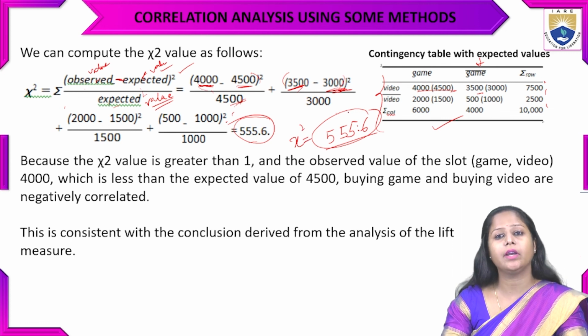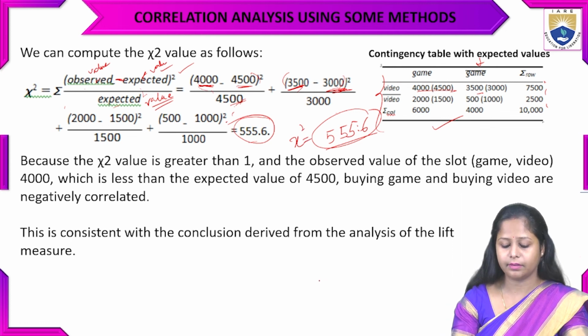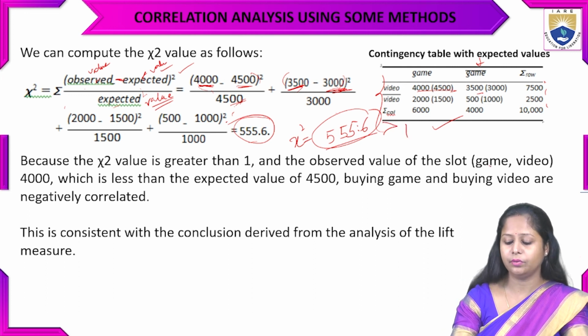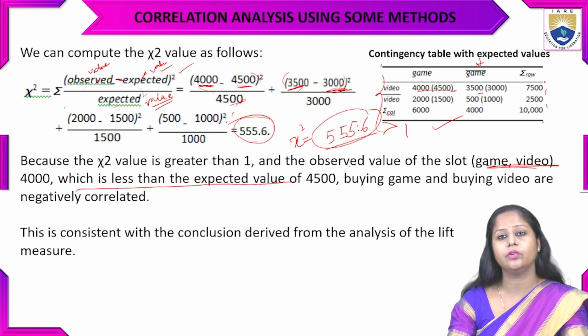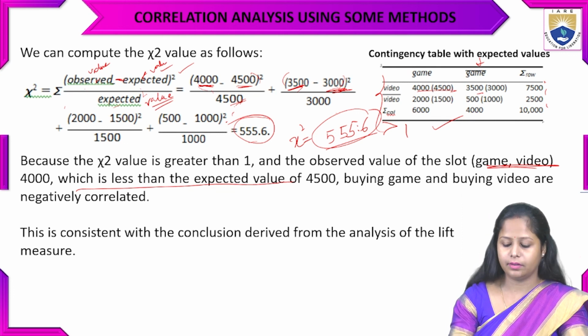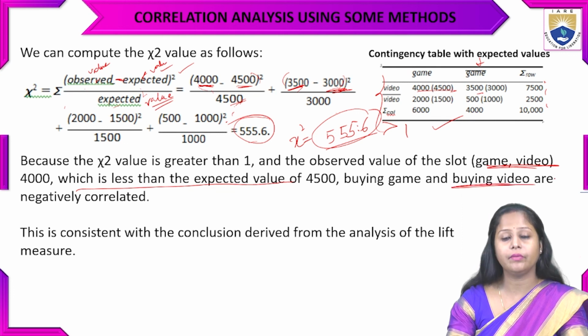Because the chi-square value is greater than 1, and the observed value of the slot game and video, which is 4,000, is less than the expected value of 4,500, buying games and videos are negatively correlated.